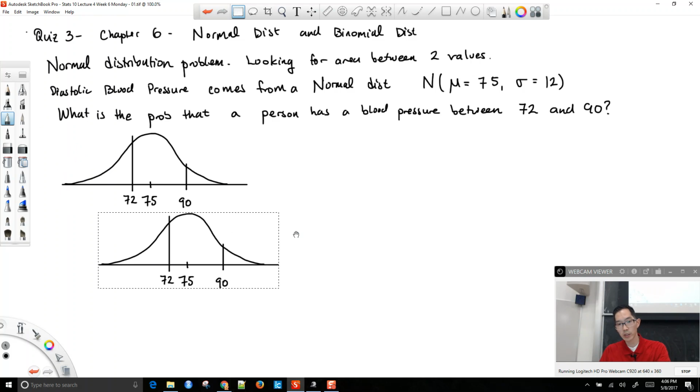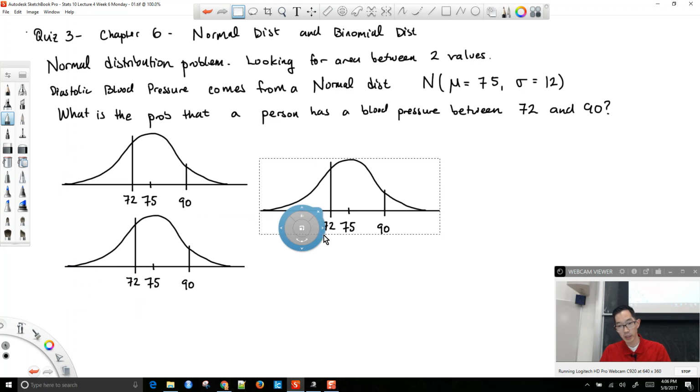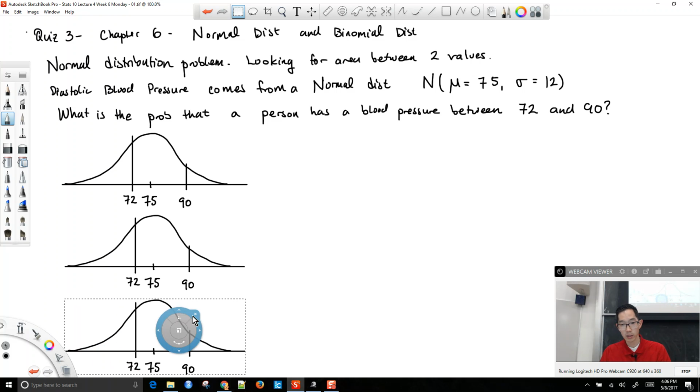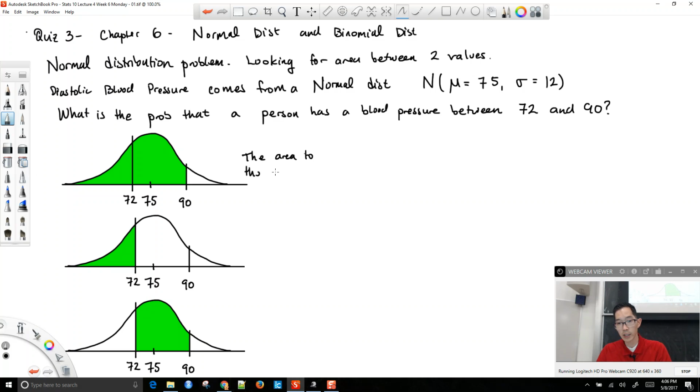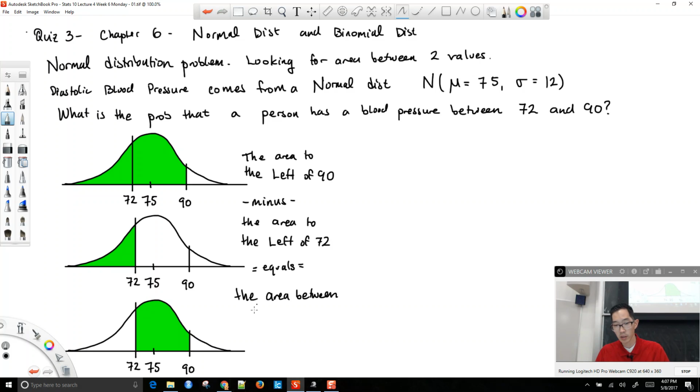And the way we're going to solve this is by doing this: the area to the left of 90 minus the area to the left of 72 equals the area between 72 and 90.